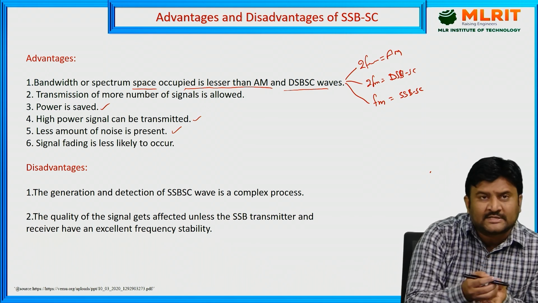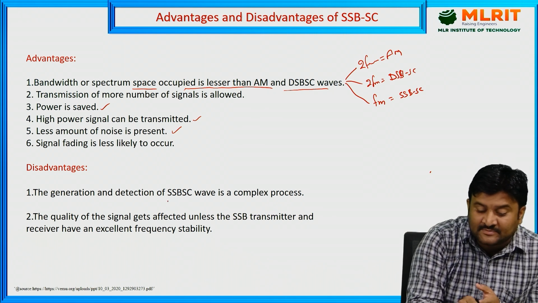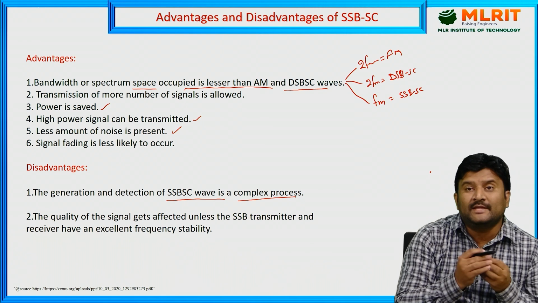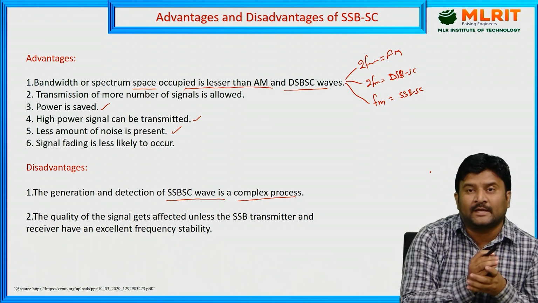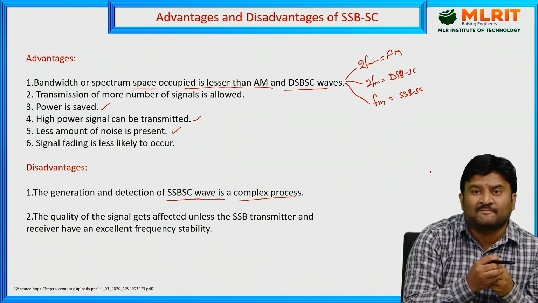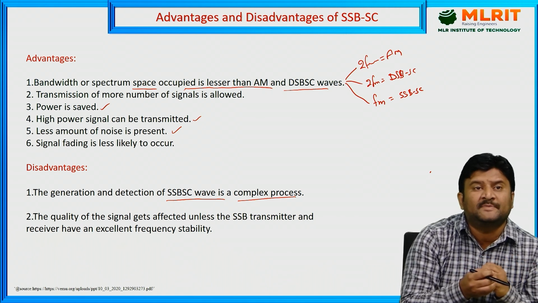Then what are the disadvantages? The generation and detection of SSB-SC wave is a complex process because we need circuit complexity. You are taking a number of blocks, and the complexity is more compared with AM and DSB-SC.